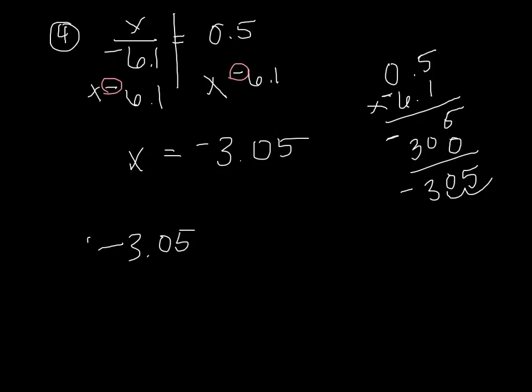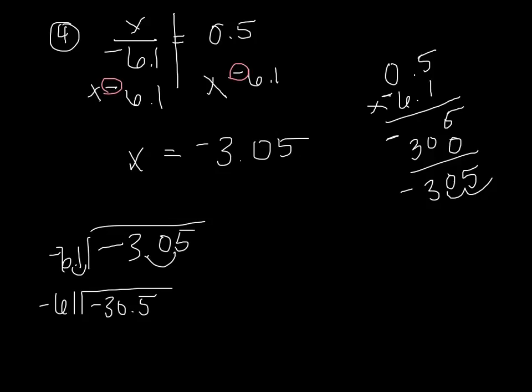So now I need to go back to my original equation to try and solve it. So I'm going to do negative 3 and 5/100, and I'm going to divide that by negative 6 and 1/10. A negative divided by a negative is going to be a positive, so I know my answer is going to be a positive. So I need to say how many times can 61 go into 30 and 5/10. I'm going to guess it's going to be somewhere around 5.